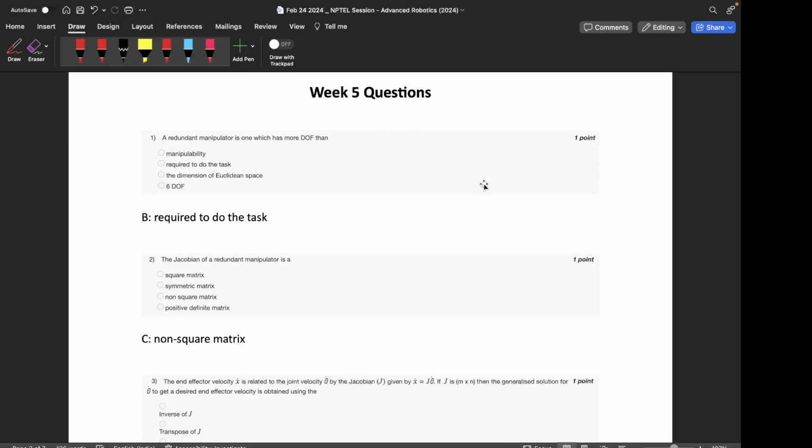So week 5 covers redundant manipulators and what redundancy means, right? So generally, as an English word, redundancy means something which is more than what is required, right?